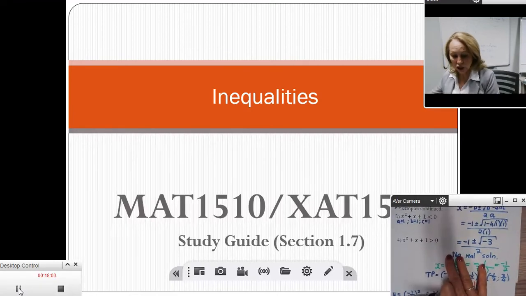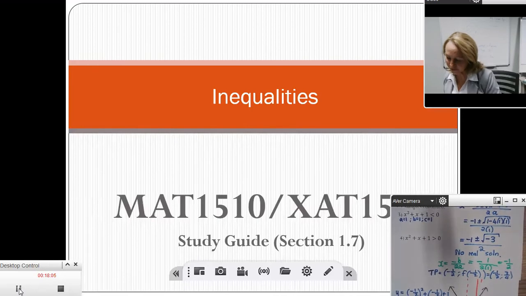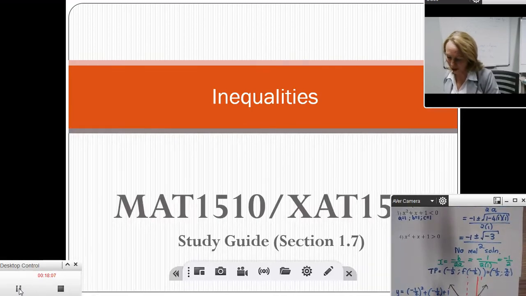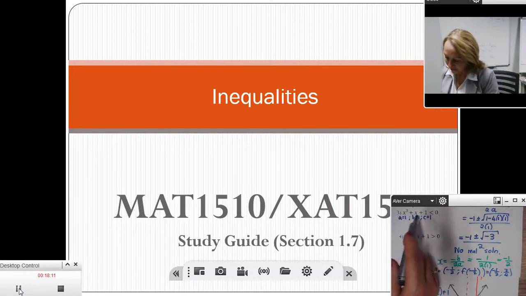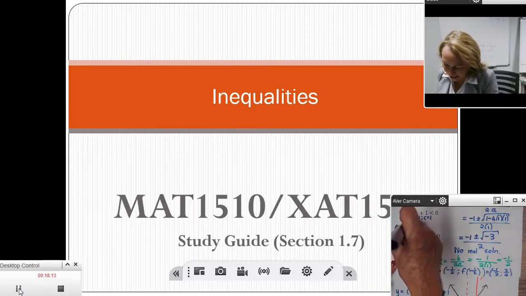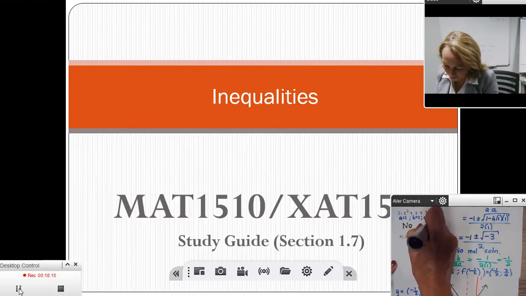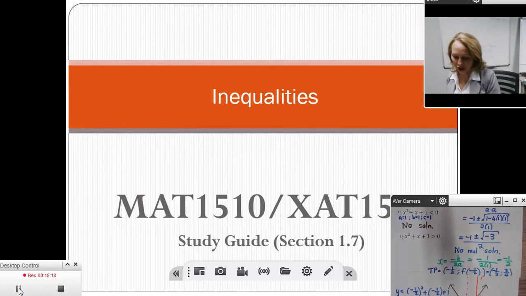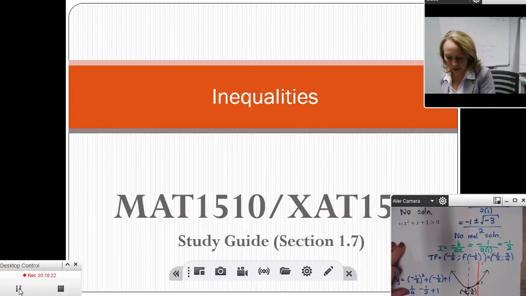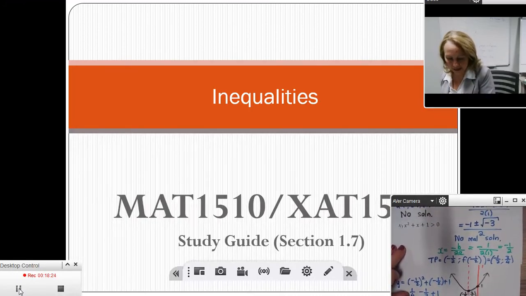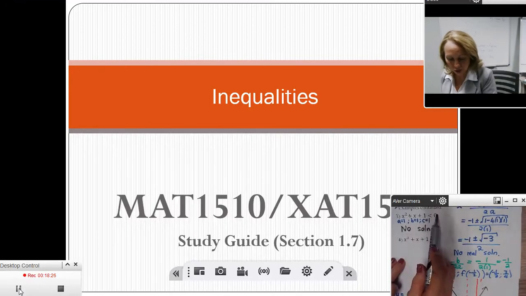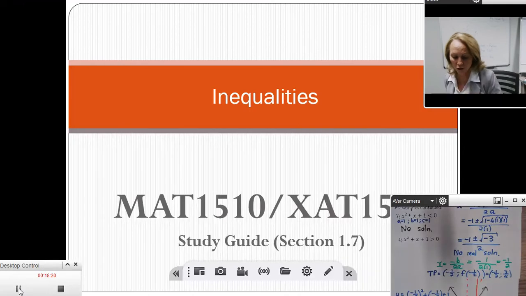In other words, we can safely say that since this parabola is always above the x-axis, the solution here is no solution. There are no values for x for which this parabola will lie below the x-axis. So for the less than 0 inequality, there are no values for x satisfying this inequality.